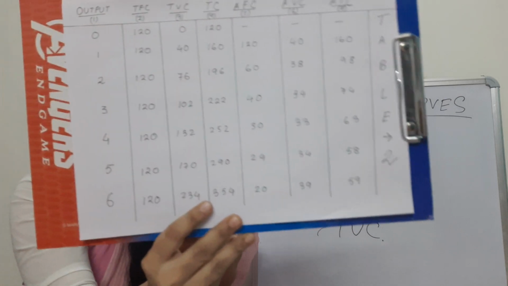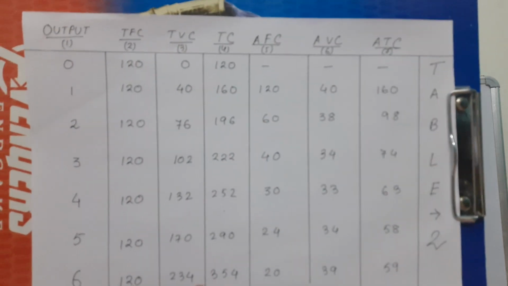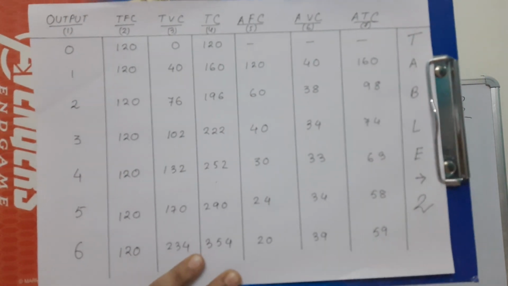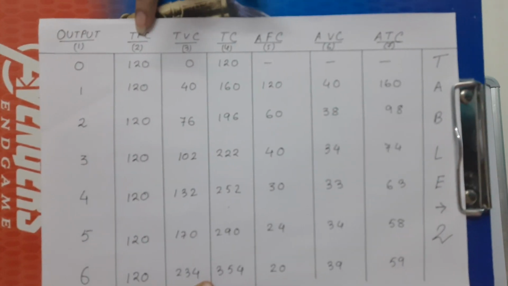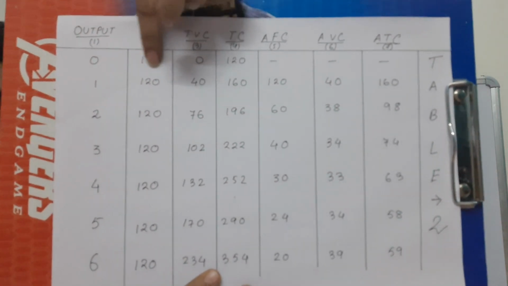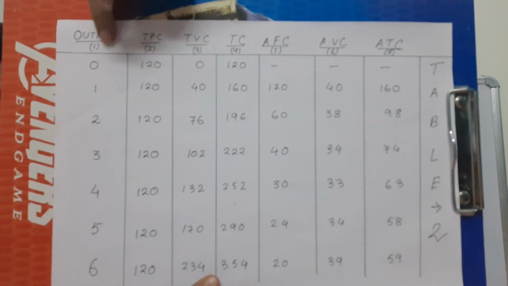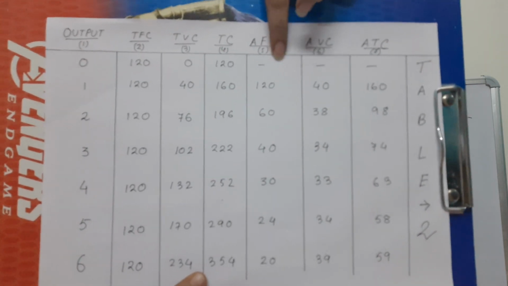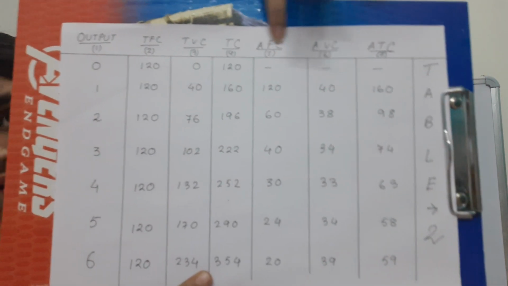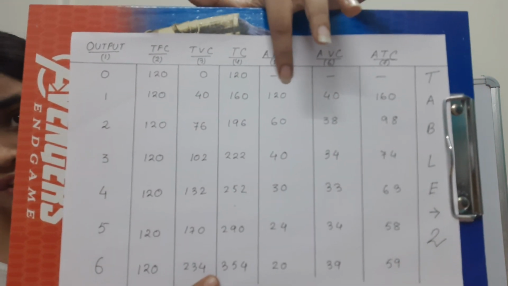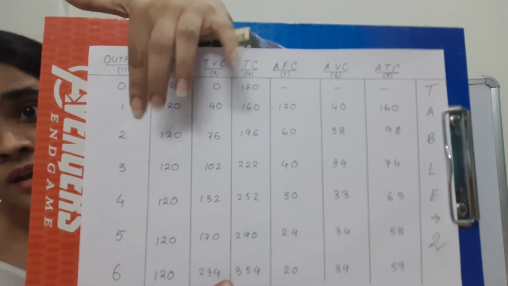Here it's important to notice the average fixed cost column. Average fixed cost is not fixed like the total fixed cost. Total fixed cost was fixed for the entire output units, but average fixed cost is not the same, because it has been divided by the number of units.